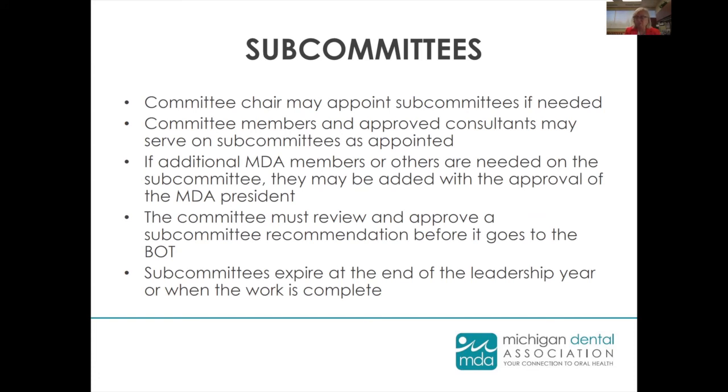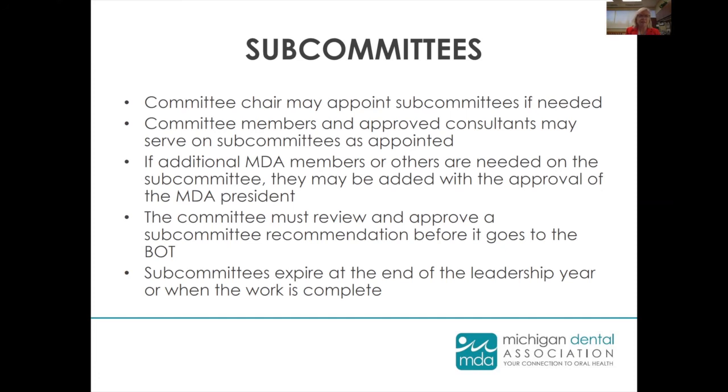So no approval is required for that. If you would like to pull in some additional folks in order to get certain perspectives or expertise, you certainly may bring in additional MDA members or others as needed, simply with the approval of the MDA president.